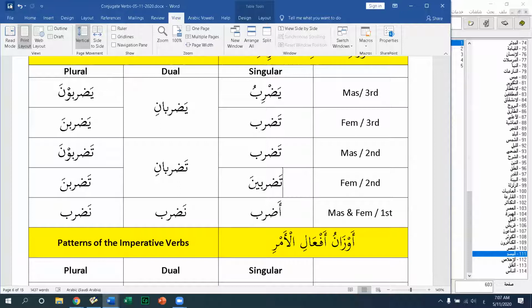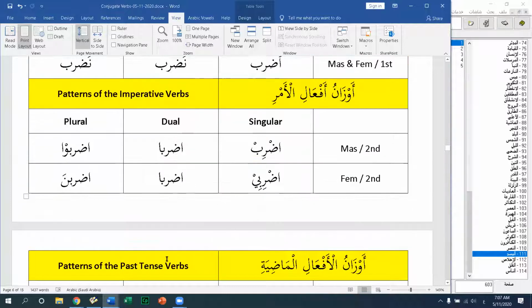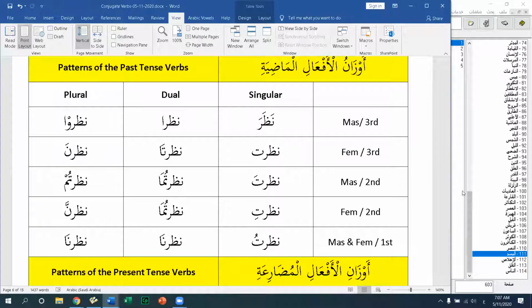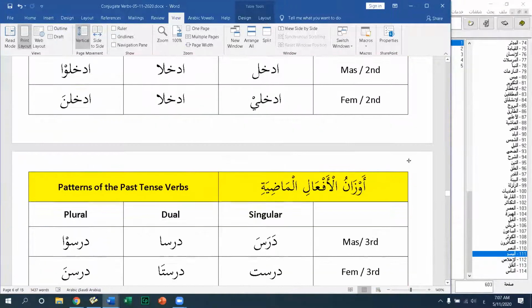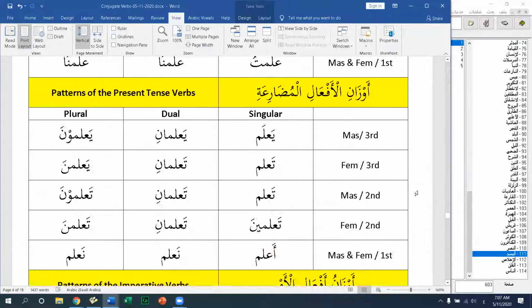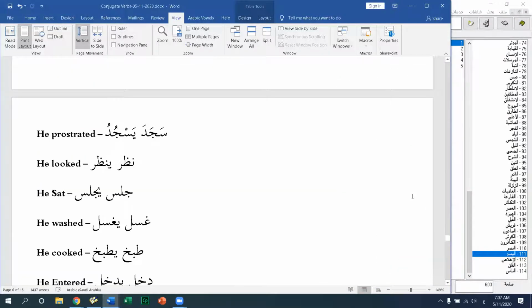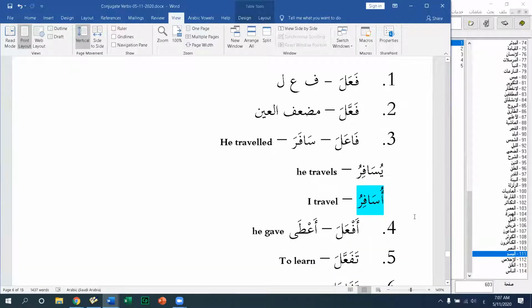I don't want to touch the trilateral verb in the pattern of fa'ala, fa'ila, or fa'ula anymore. You just need to practice it. We will go to the next pattern next week, inshallah. Let me introduce it quickly for you. We will move on from fa'ala to fa'ala, like alima, and this is allama.